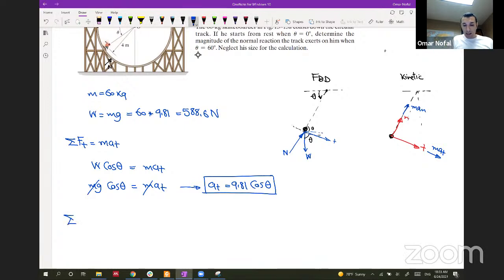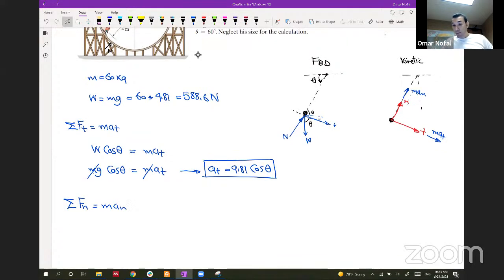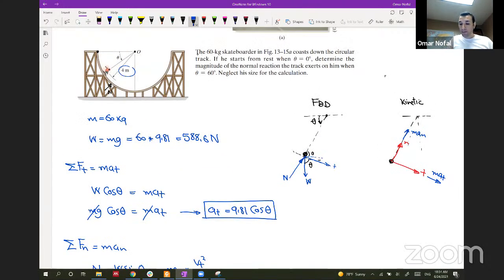And let's get the normal direction, where the summation of F normal will be equal to m a normal. In the normal direction, we have the normal force from the surface in the positive direction. So we'll have N, and we have negative W sine theta equal to m multiplied by V tangent squared over R, which is 4 meters.